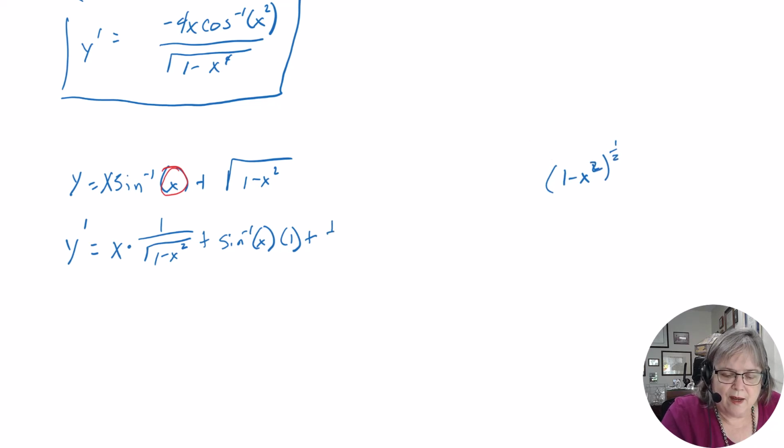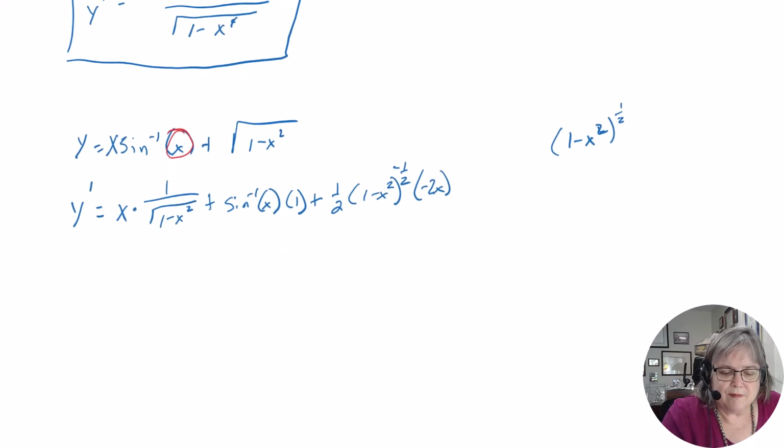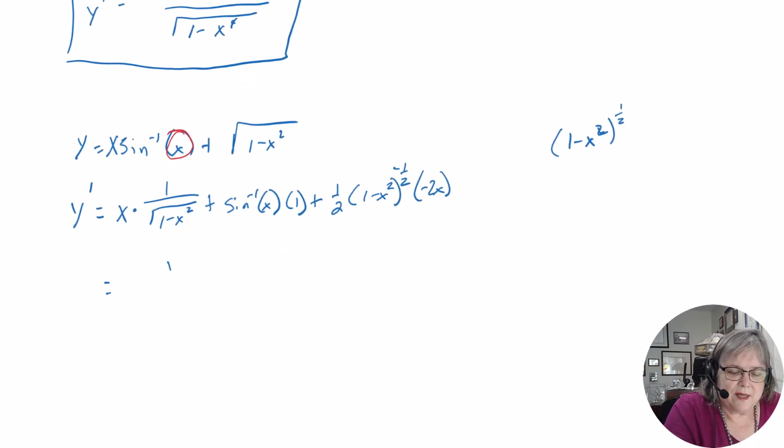So you bring the 1/2 down, leave the inside alone, take 1 off the power, loop back in and take the derivative of the inside, okay? So this is x over the square root of 1 minus x squared.